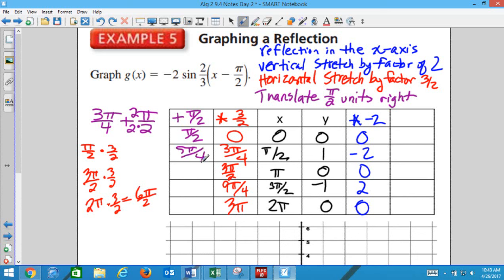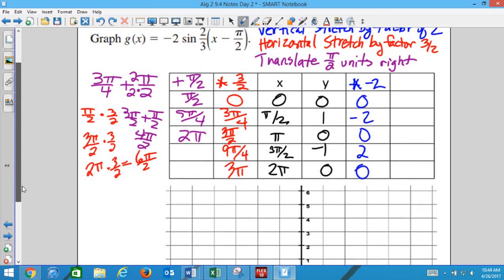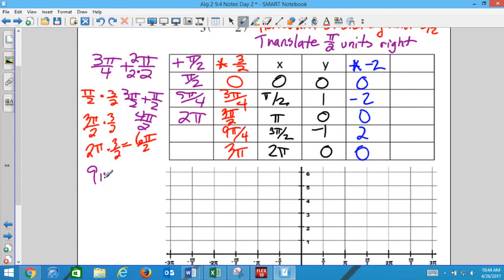So that whole fraction chapter is coming back again. The next one is 3 pi over 2 plus pi over 2. So 4 pi over 2, which reduces to 2 pi. What's the next one? 9 pi over 4 plus pi over 2. So again, I have to multiply the top and the bottom by 2 to make both denominators 4. We'll have 11 pi over 4.